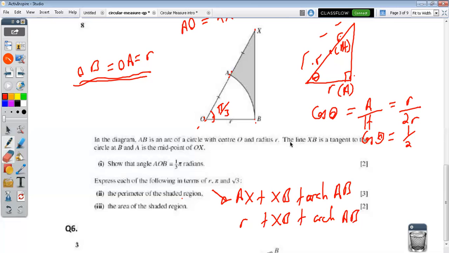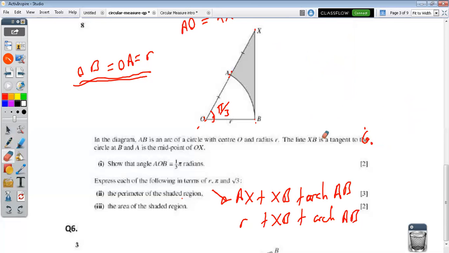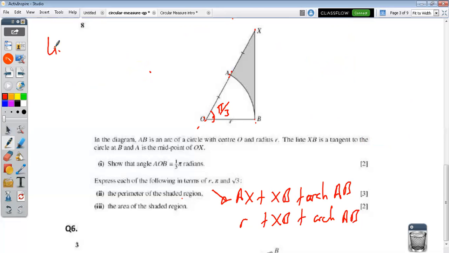Let's do it slowly. The easiest thing to find is the length of arc. So the length of arc AB, remember, we said is given by r theta.